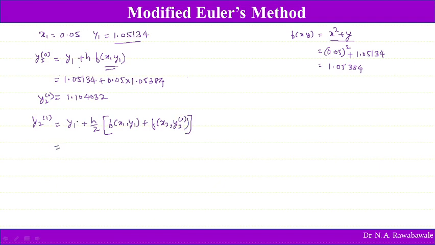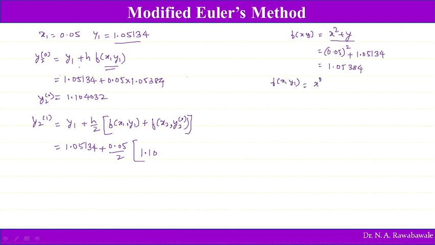The y1 value is 1.05134 plus h by 2, that is 0.05 divided by 2, times f of x1, y1. We have already obtained f of x1, y1.